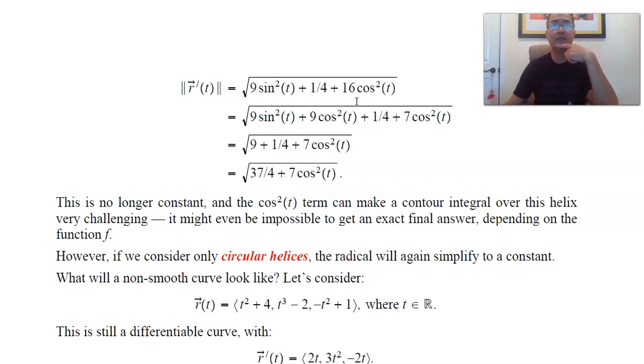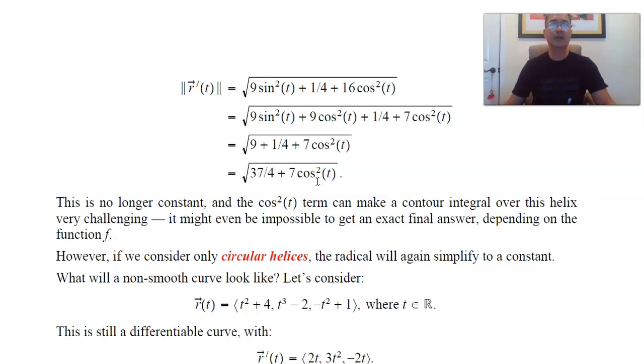So maybe the best that we can do is borrow a 9 from the 16. You've got too many anyway. So those 9 cosine squares and 9 sine squares combine to 1. The 1/4 stays the same. You're left over with 7 cosine squared. Unfortunately, this ugly thing does not simplify.